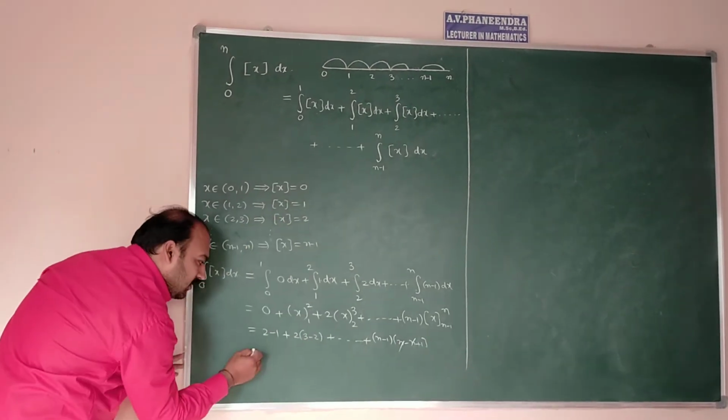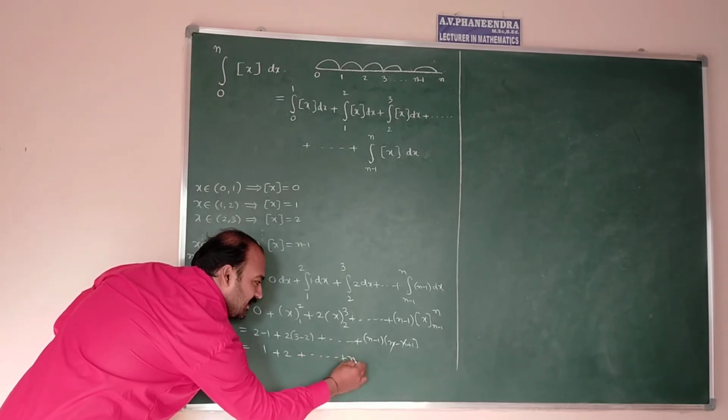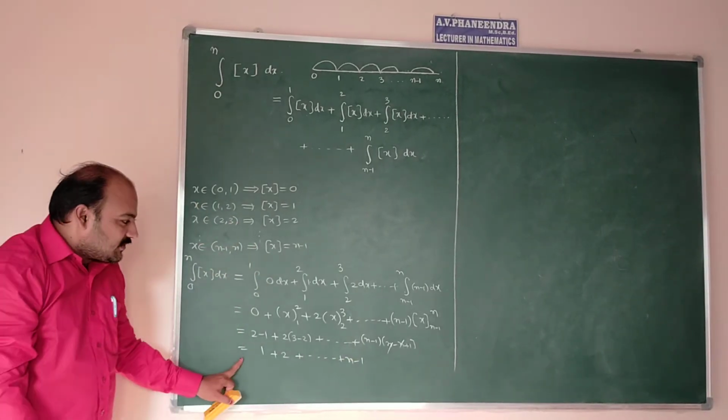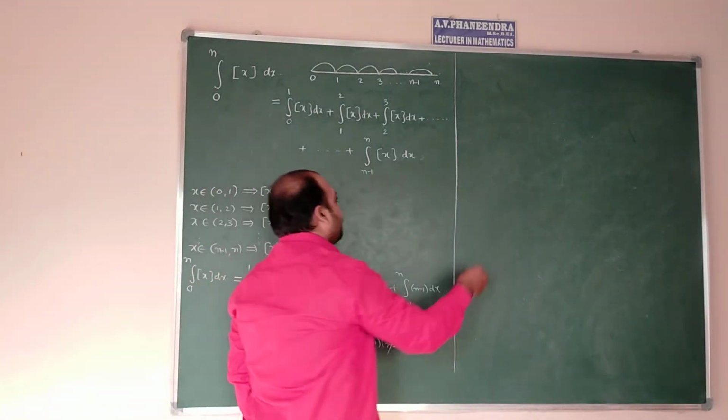These two will be cancelled. So 1, 3 minus 2 is 1, 2 plus and so on plus n minus 1. It is the sum of the first n minus 1 terms.